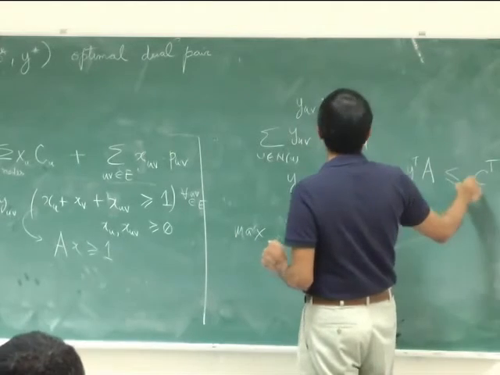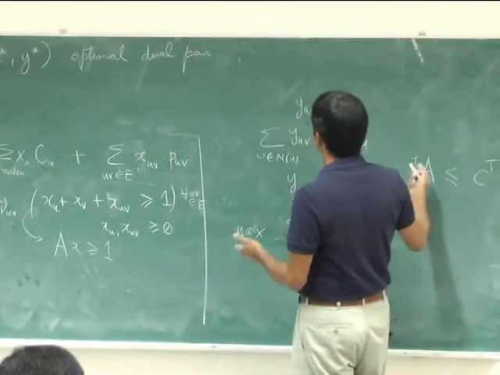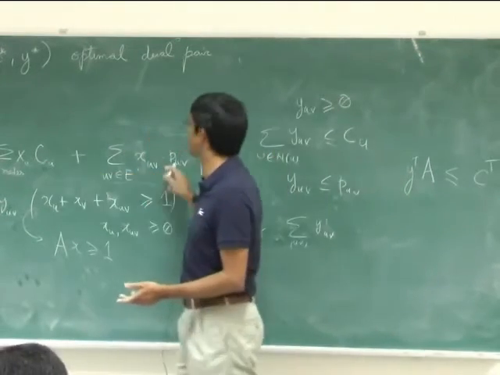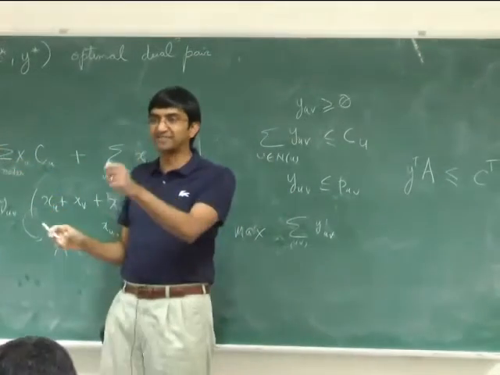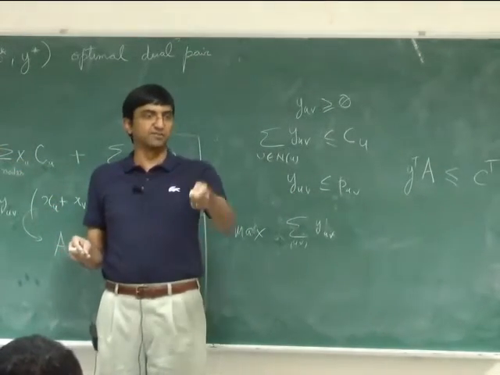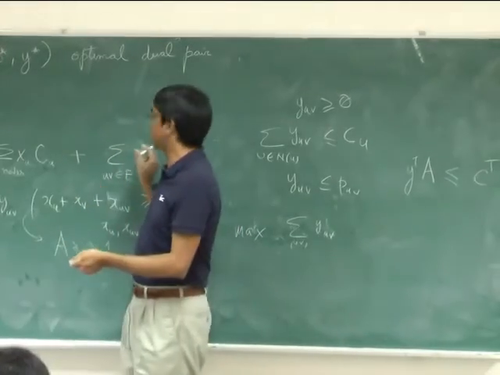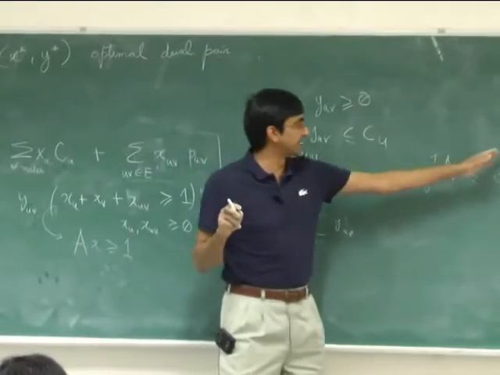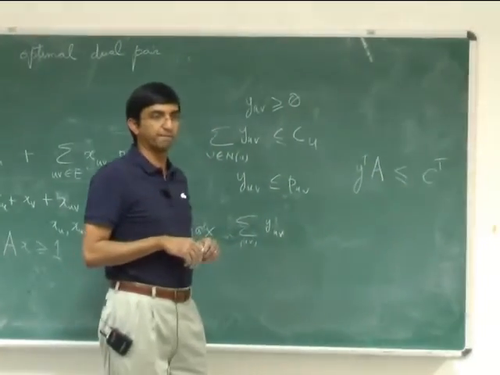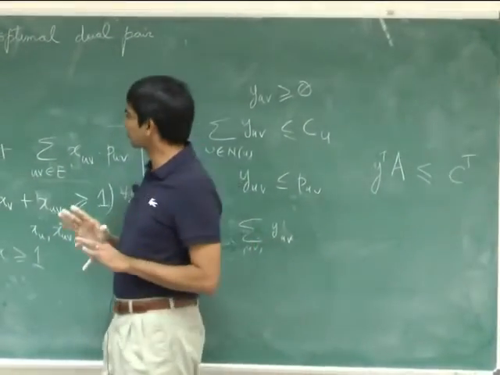We also have, our c actually has both c and p in the vector, right? Because x of the vertices is dotting the cost, x of the edges is dotting the penalties. So that's why on the right hand side you have this part. So what does strong duality say?